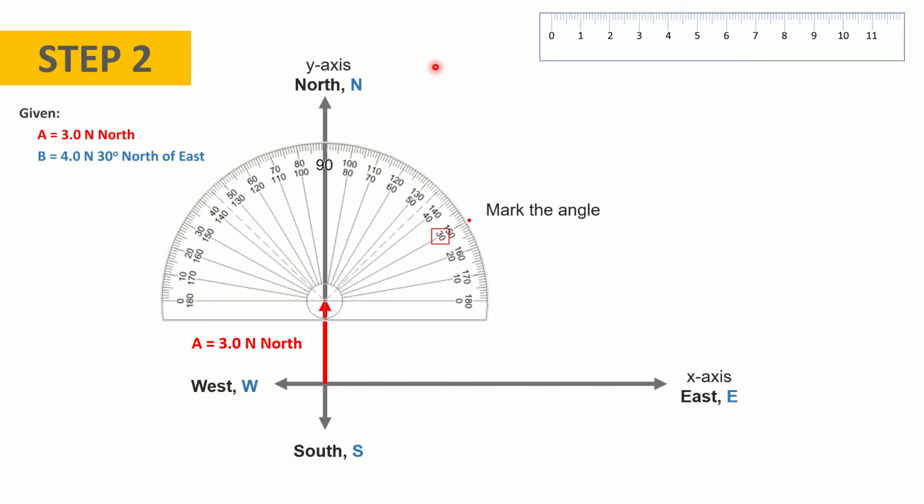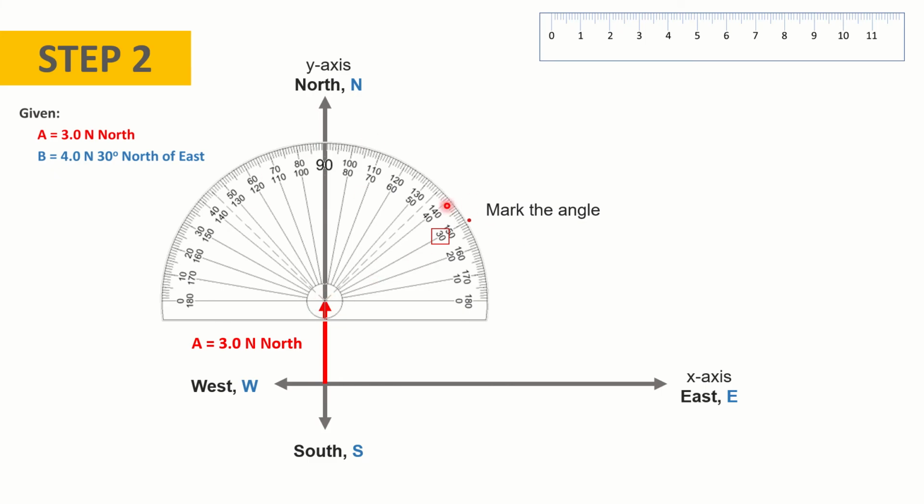However, since this is the polygon method, which utilizes the head-to-tail or tip-to-tail method, the succeeding vectors will be drawn from the tip, or the head, of the previous vector. So coming from vector A, our first vector, its tip will be our reference to measure the 30 degree angle.